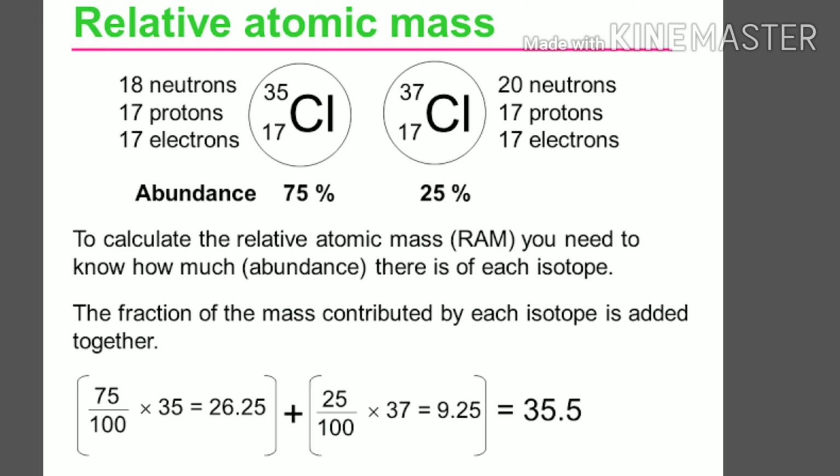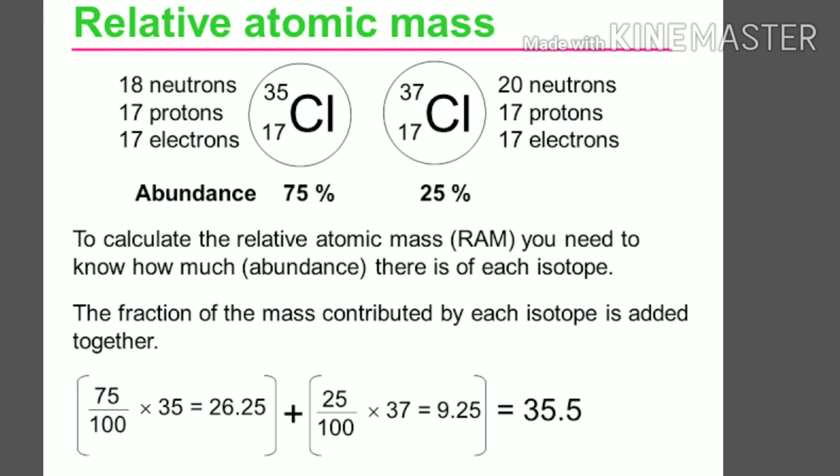In a sample of chlorine, you find that 75% of chlorine is 35 and only 25% of chlorine is 37. That means a 3:1 ratio. And in one element there are not two relative atomic masses, so you have to find one average relative atomic mass.